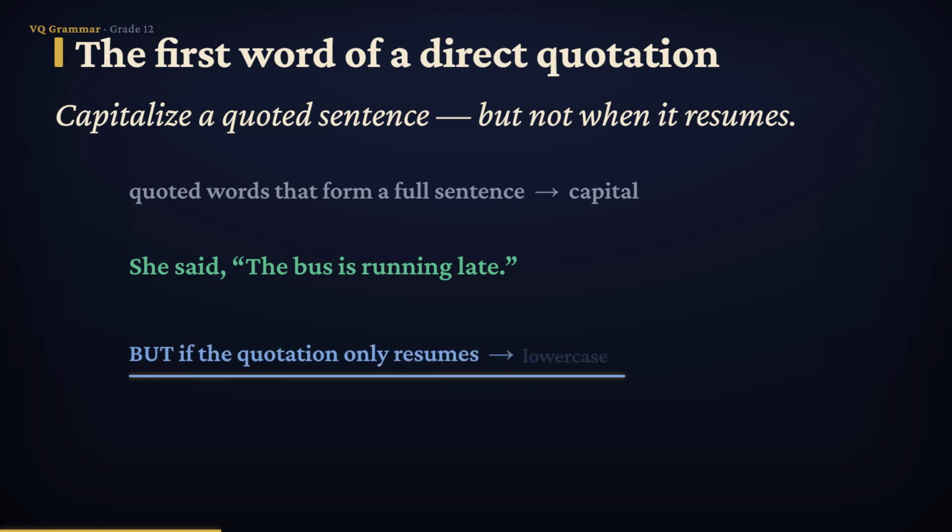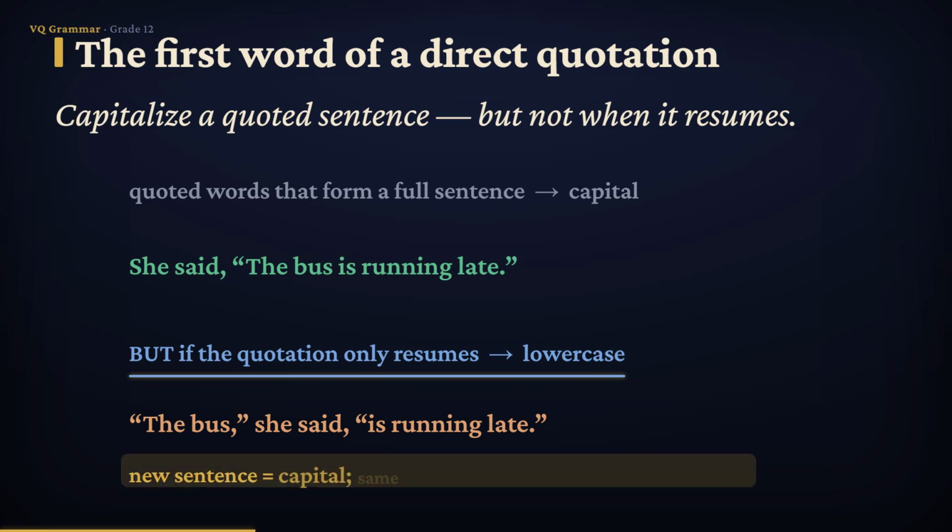Sometimes a quoted sentence gets split in two, and the second half simply resumes what the first half started. Look: "The bus," she said, "is running late." That word is stays lowercase. It isn't the start of a new sentence. It's the middle of the same one, just continuing after the interruption. So the test is, a brand new quoted sentence gets a capital, and a quotation merely picking up where it left off stays lowercase.